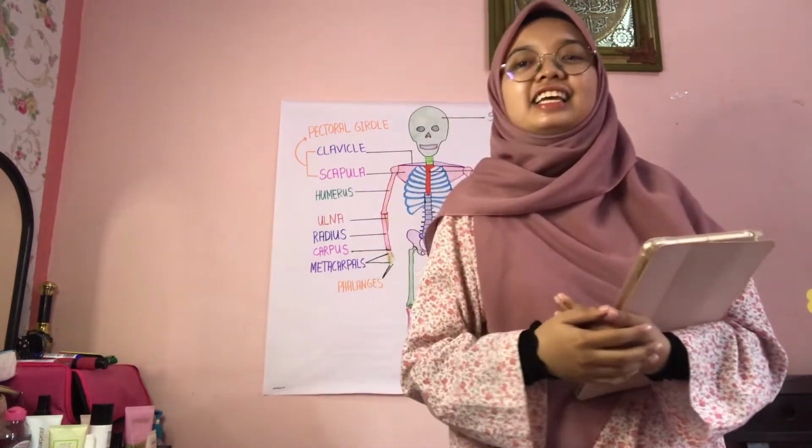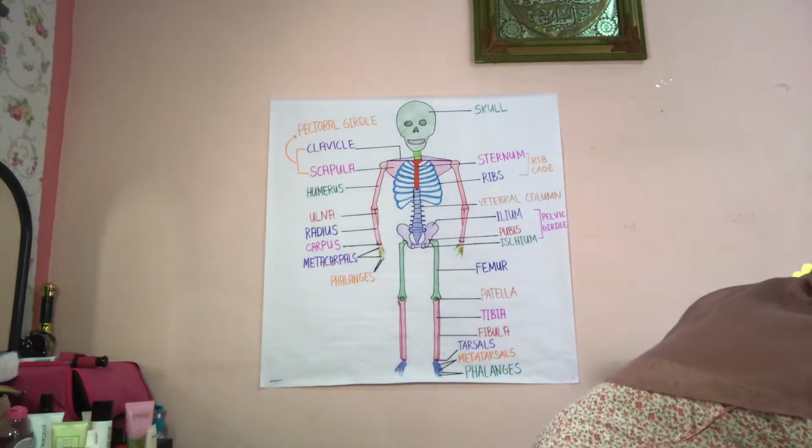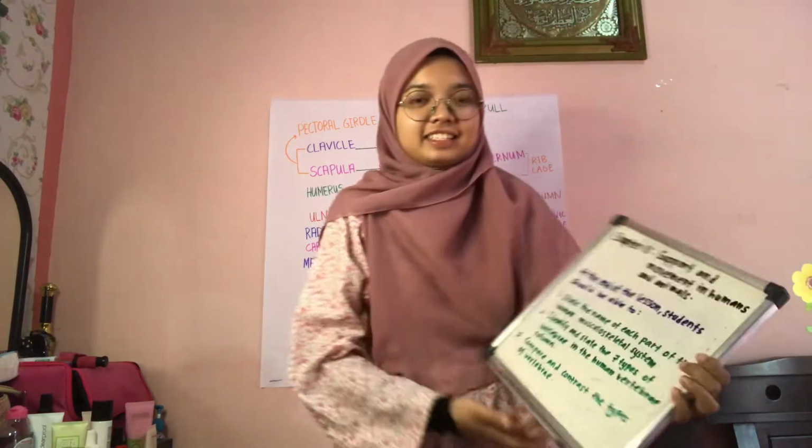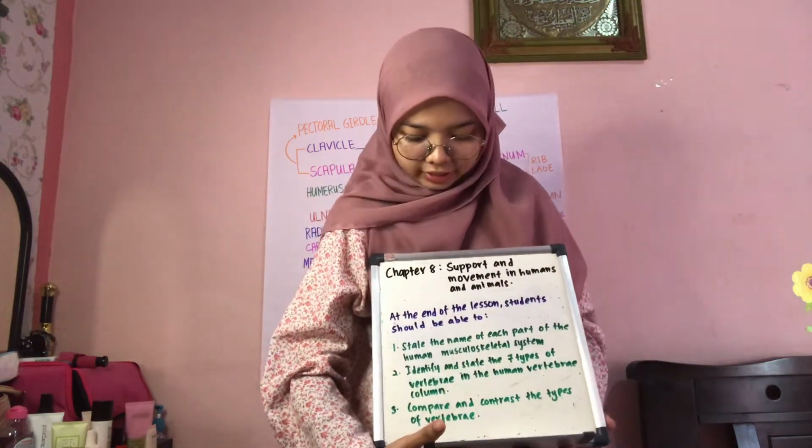Can you guys tell me what our topic for today's class is? Skeleton. That's correct. We will learn Topic 8, support and movement in humans and animals. Let's see the learning objectives.